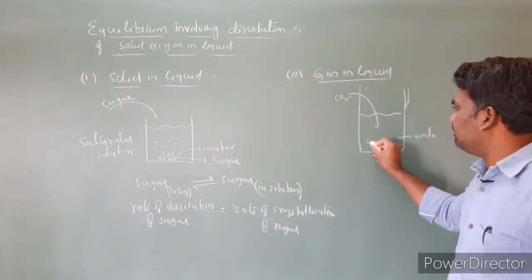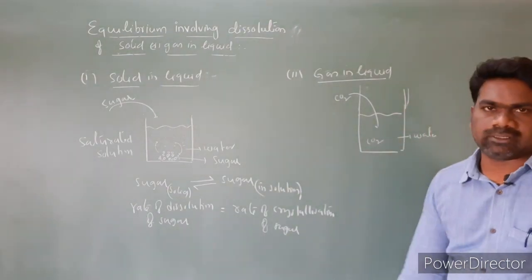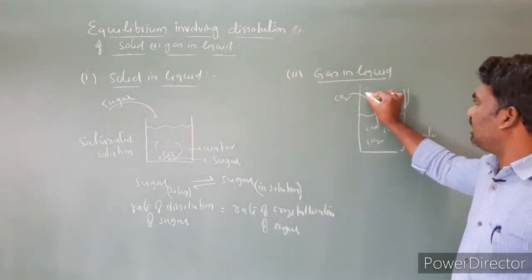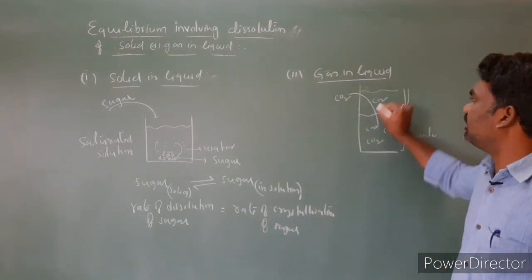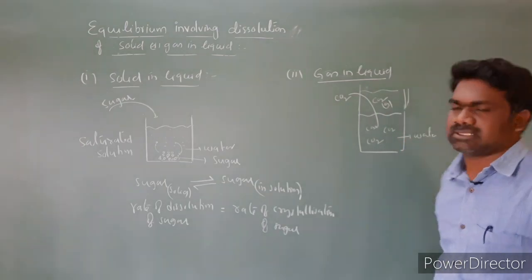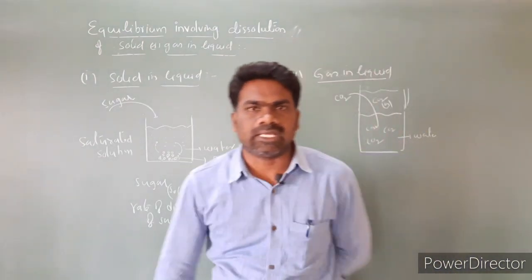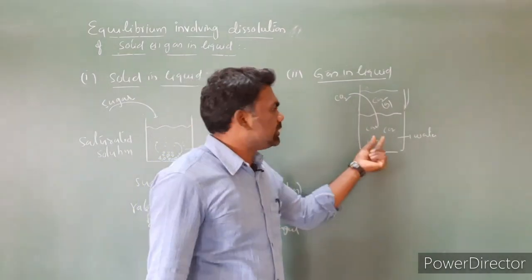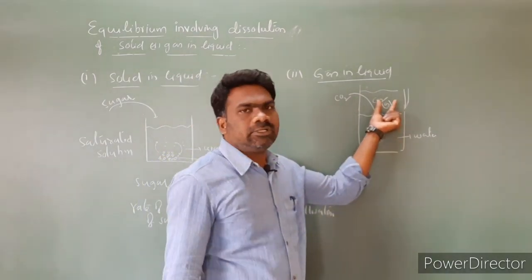Carbon dioxide molecules are dissolved in the water, and above its surface, carbon dioxide molecules are in the form of gas. There is an equilibrium between the dissolved CO2 molecules and the undissolved CO2 molecules.